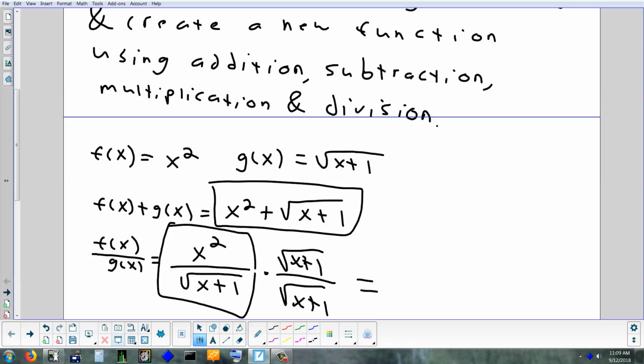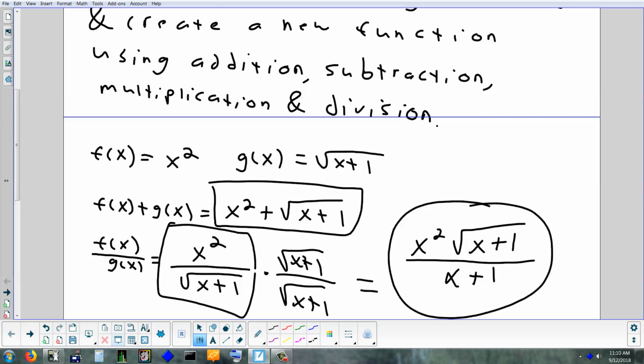All right. So now in the top, you have x squared, square root of x plus 1. Can't really do anything with that. But in the bottom, you've got the square root of x plus 1 times the square root of x plus 1, which is how much? Yeah? X plus 1. Square roots cancel. So that's a little bit nicer of an answer.